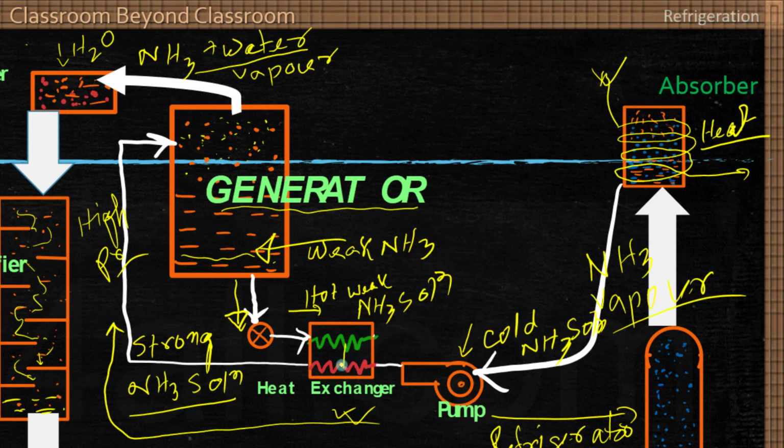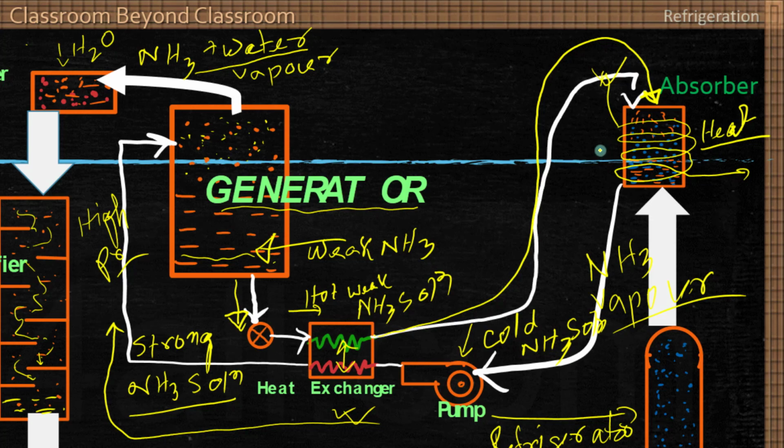Here the heat exchange takes place, and it will enter the absorber again. So basically, what is a weak ammonia solution? There is a very little amount of ammonia and most of it is water. So we can say this is water only. This weak ammonia solution will enter the absorber and be sprinkled down, where the absorption takes place. Okay, so this way the whole cycle takes place.